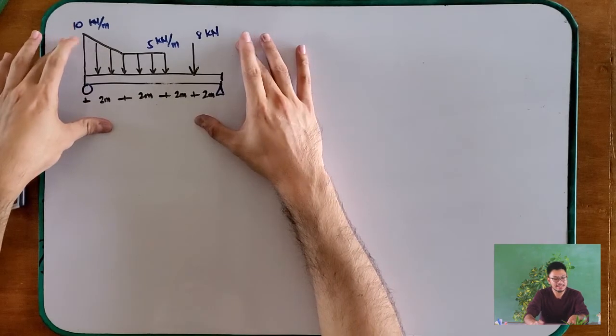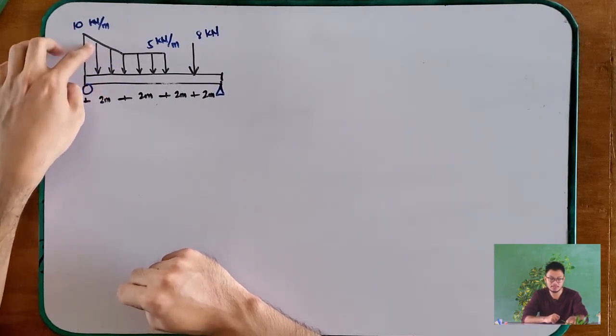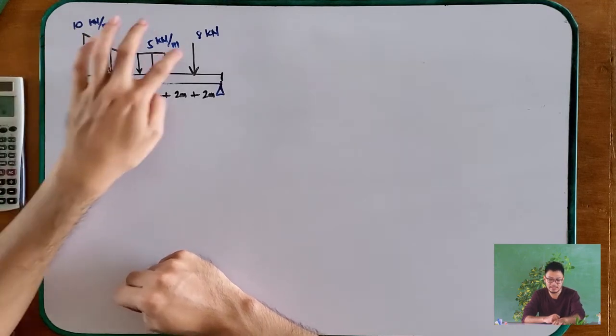And again, our goal for this problem is to solve for the shear and moment equations and diagrams of this beam that is subjected to a rectangular and a triangular distributed load and a concentrated load of 8 kilonewtons.